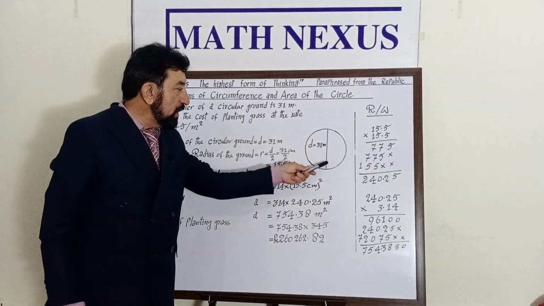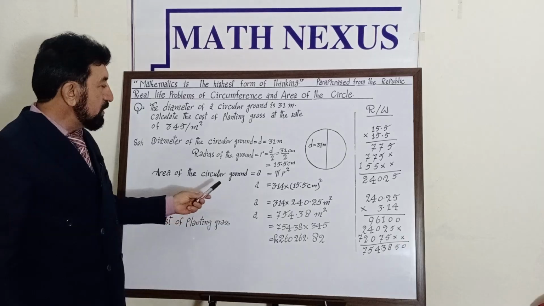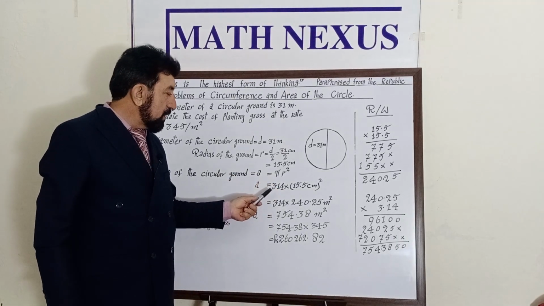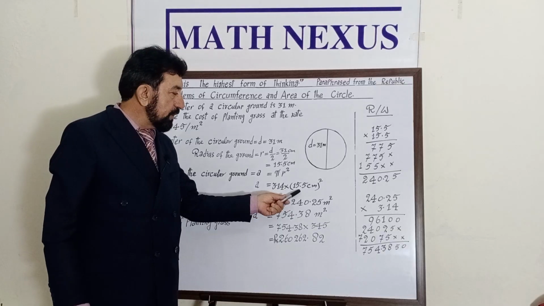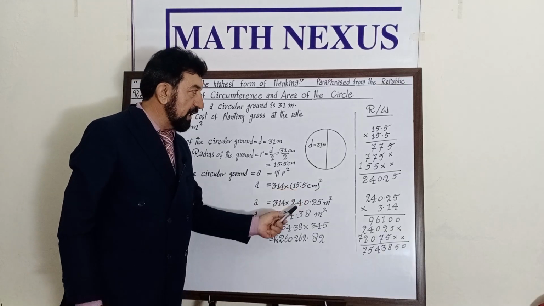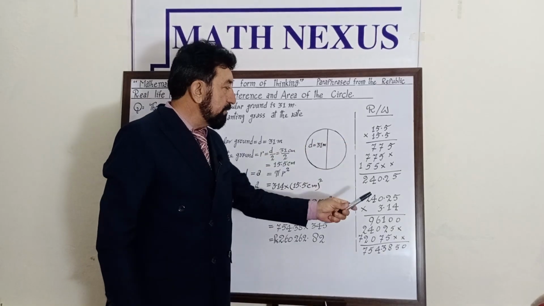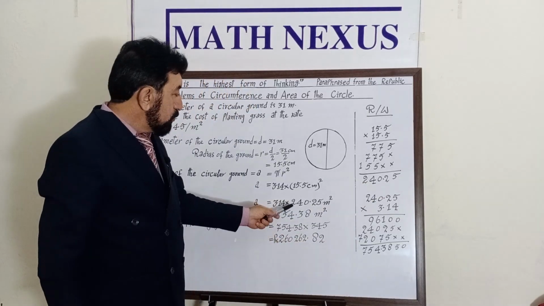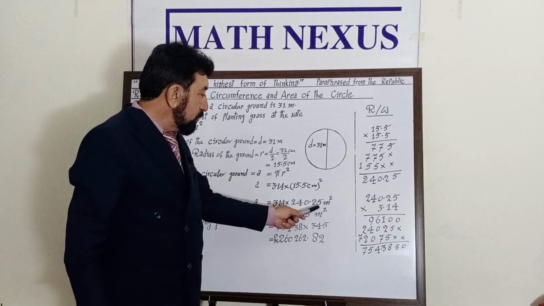Now area of the circular ground is equal to pi r square. Now putting the value of pi and r, 3.14 into 15.5 whole square. 15.5 into 15.5, this is equal to 240.25 meter square.